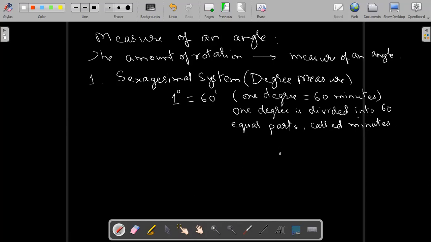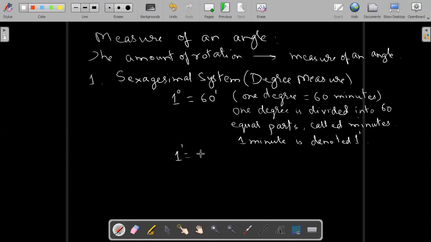One minute is denoted by one dash. Similarly, 1 minute is further divided into seconds. Again, this second is not the time second.